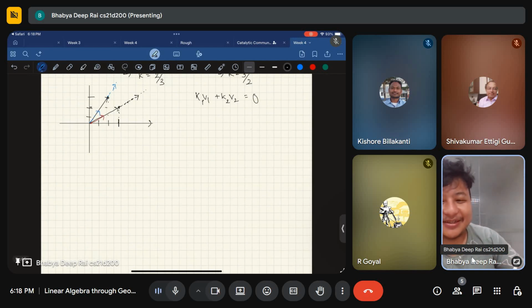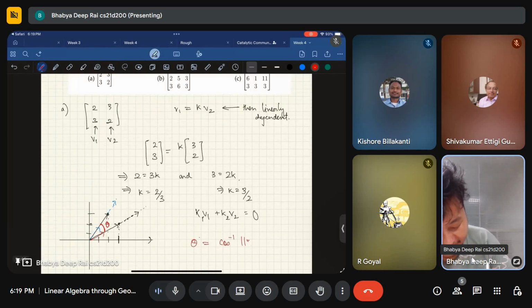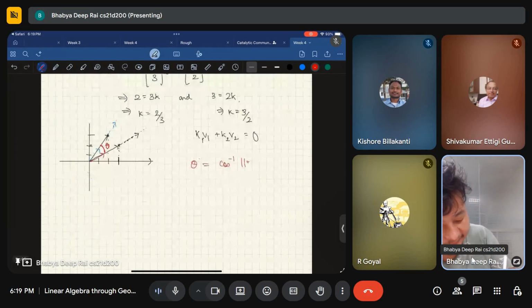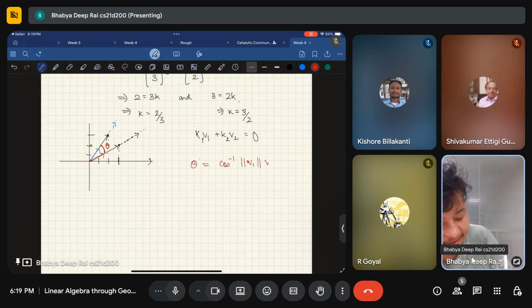You can come up with several various ways to do it. Another way, a more complicated way, is this: if you have two vectors, then they'll have an angle theta between them, and theta will be equal to cos inverse of the dot product of v1 and v2, divided by the length of v1 times the length of v2.